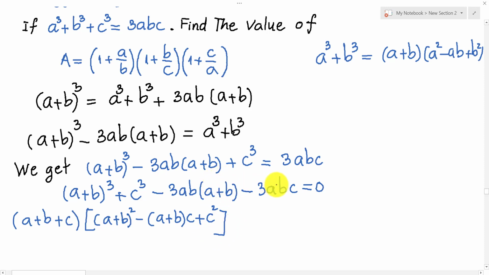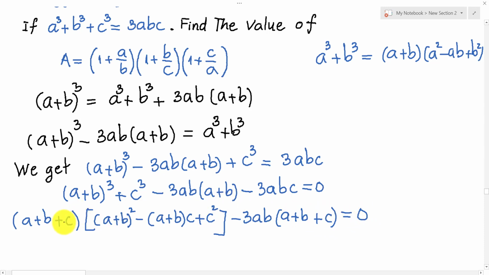And this, I take 3ab out. So we get minus 3ab, and we get this (a plus b), and if we take minus 3ab out, we get plus c. We write plus c equals 0.